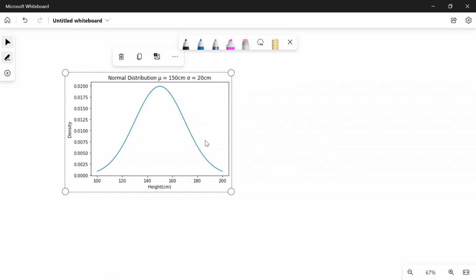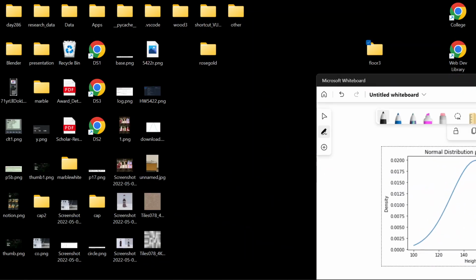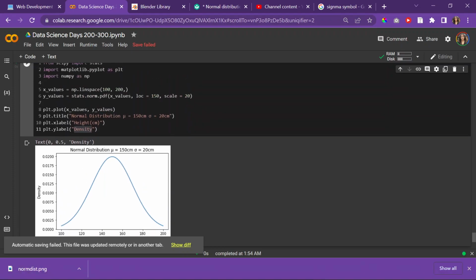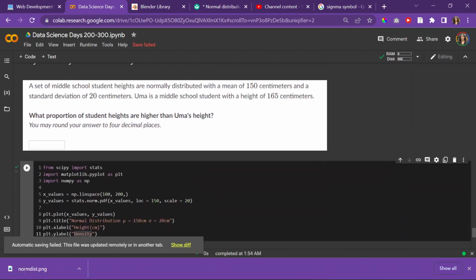Okay, so real quick, let me just take my tablet out. Okay, so how do I lock it? Lock, right there. So basically, what are they asking for? I forgot. Okay, they're asking, what proportion of student heights are higher than Uma's height?